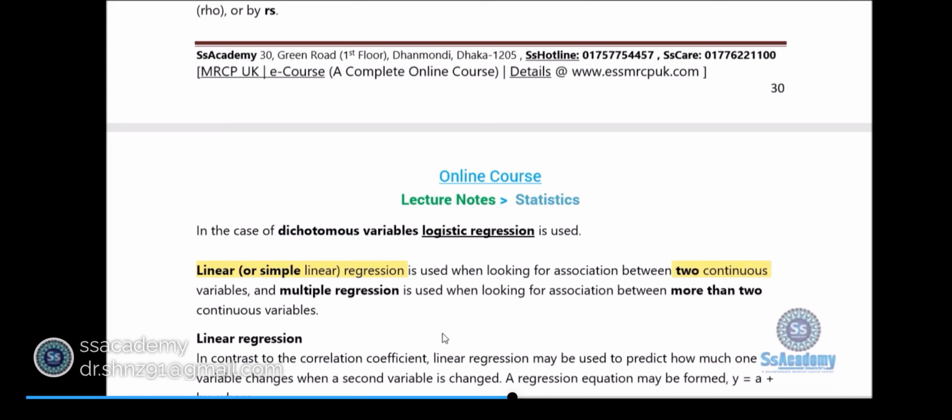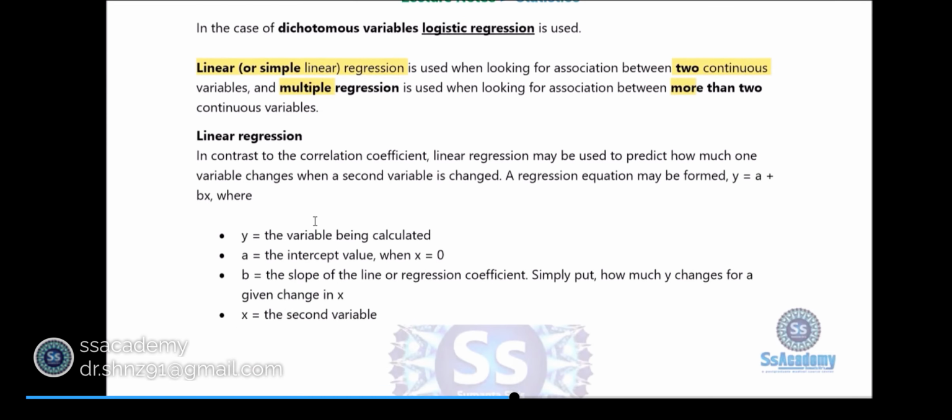Multiple regression is used when looking for association between more than two continuous variables. So multiple regression is more than two continuous variables.